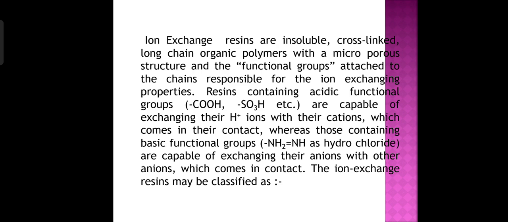Ion exchange resins are insoluble cross-linked long-chain organic polymers with a microporous structure, and the functional group attached to these chains is responsible for the ion exchanging properties.